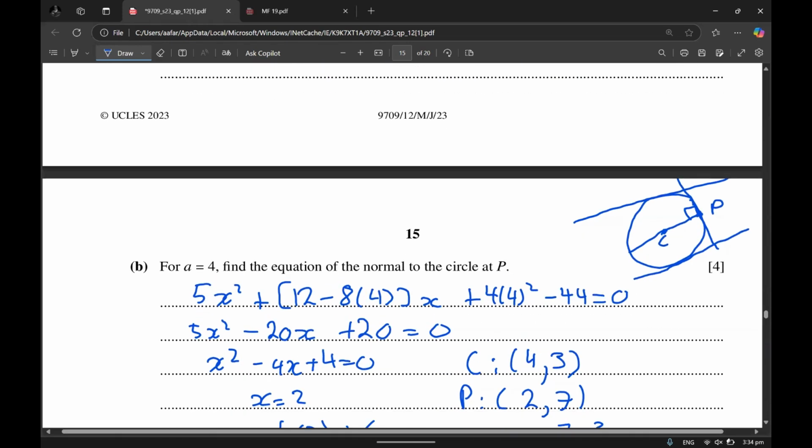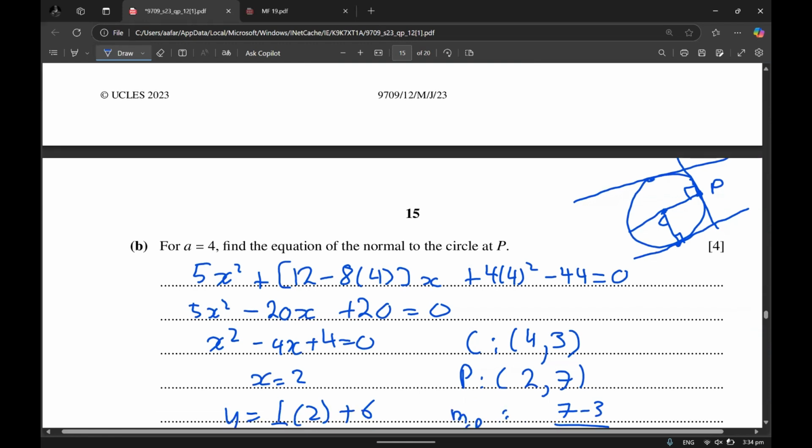Okay. So we know that their gradient is the same as this gradient, right? And we basically need to find these points. We have the gradient.